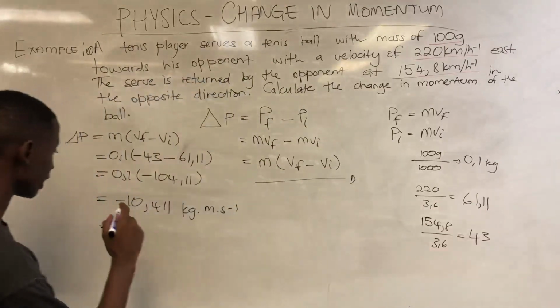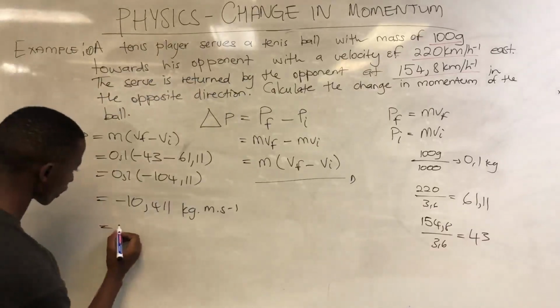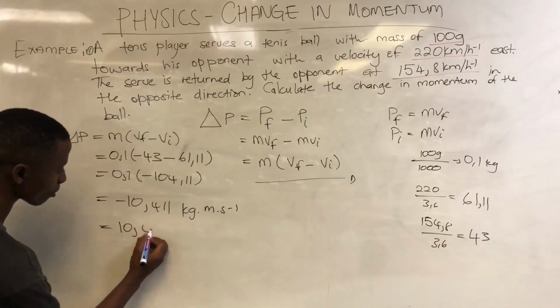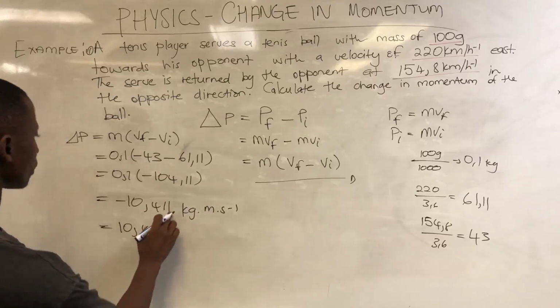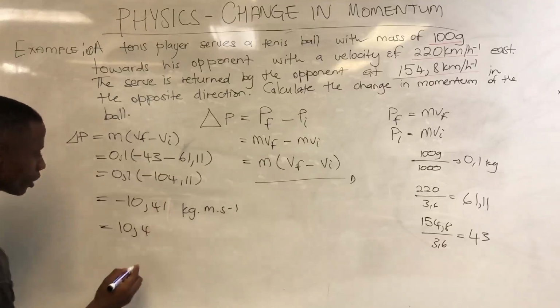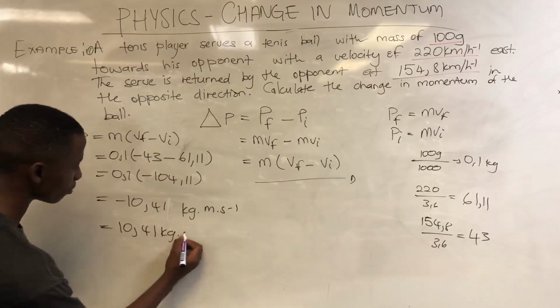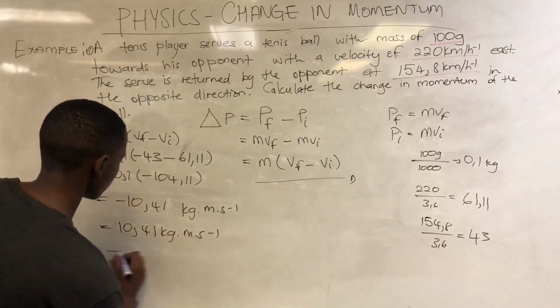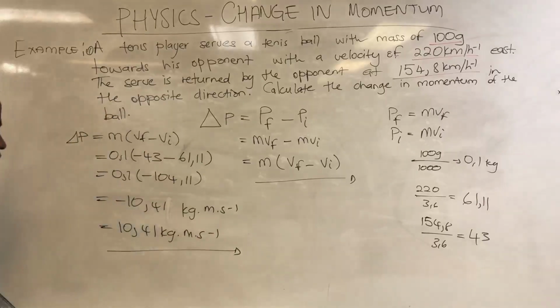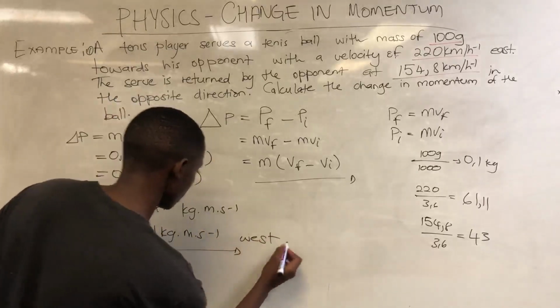So this opposite direction is west. So 10.441, sorry, I said 411, 41, okay? So 41 kg·m/s. That's how it goes. And that's west, don't forget west.